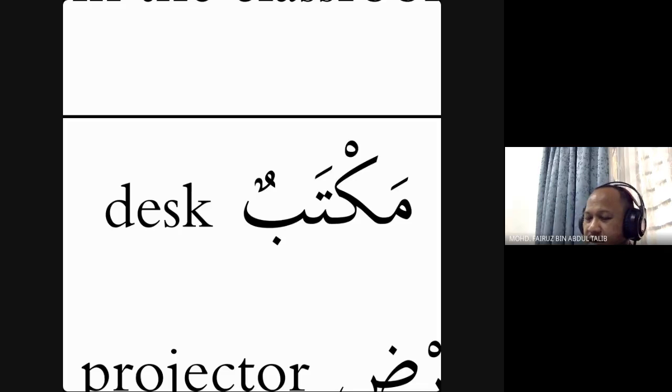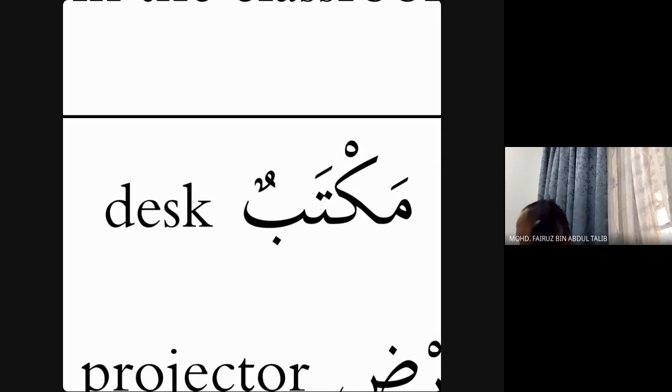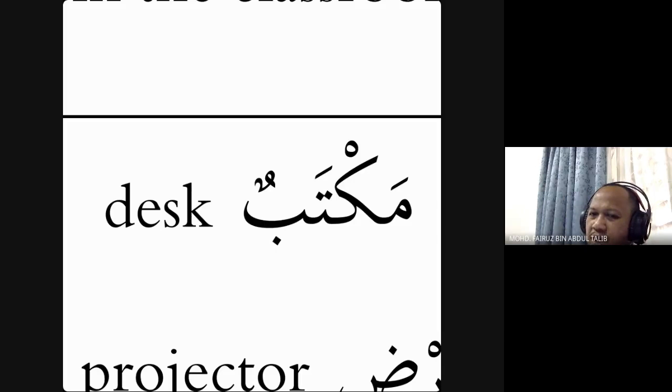You can combine this word with another word. For example, you want to say the desk of the teacher. What is the word for teacher just now? Mudarrisa or mudarris. Yes. So you can just combine: maktab mudarris. Whose maktab? Maktab mudarris.